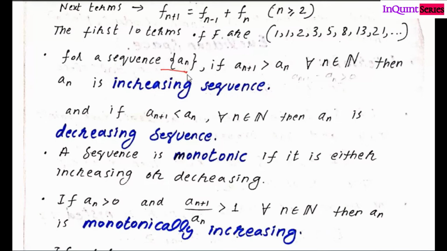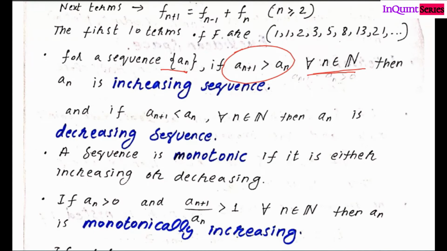For a sequence a_n, if our a_(n+1) is greater than a_n, or you can say a_(n+1) minus a_n is greater than 0, for all n belonging to the set of natural numbers, then a_n is an increasing sequence.